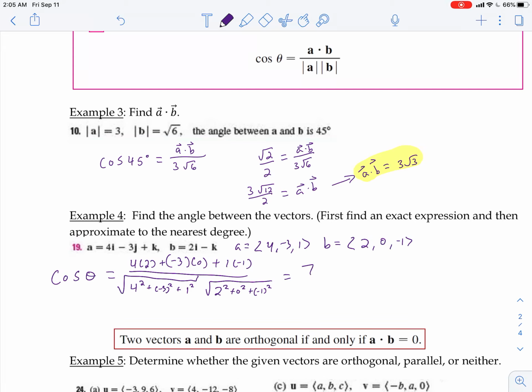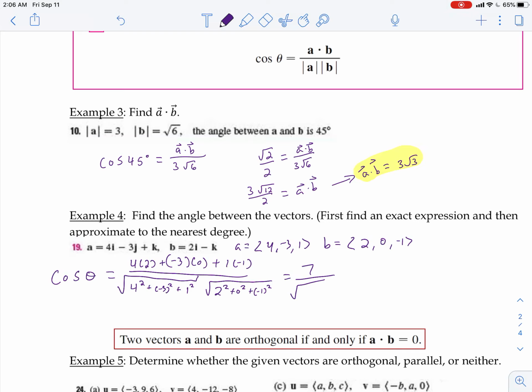And in the denominator, we're going to have the square root of 4 squared, which is 16, then the square of -3, which is 9, plus 1.